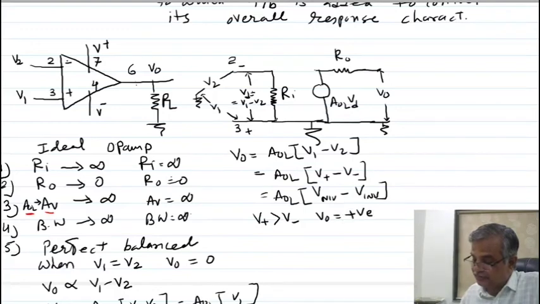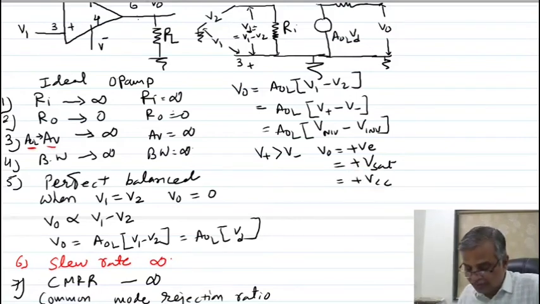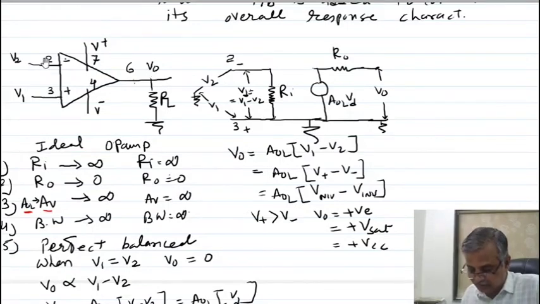Or I can say output is plus Vsat. For this circuit, for open loop operation, plus Vsat means I am writing plus VCC. When V1 is greater than V2, output is positive. For open loop operation, output is plus Vsat, or I can write plus VCC. Open loop, I think you understand, means no feedback is given.